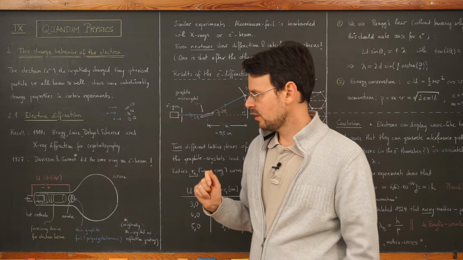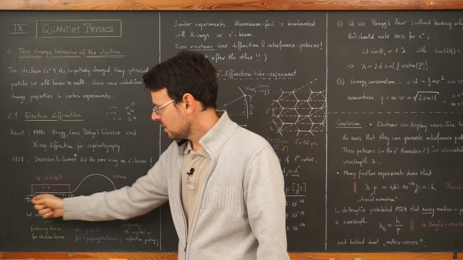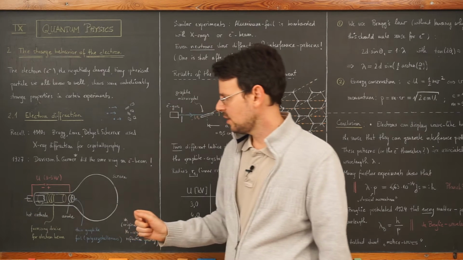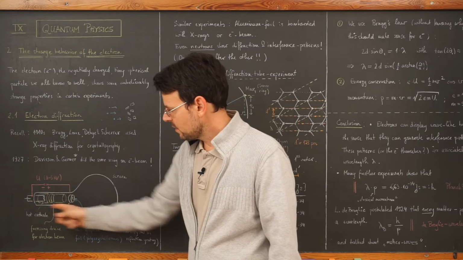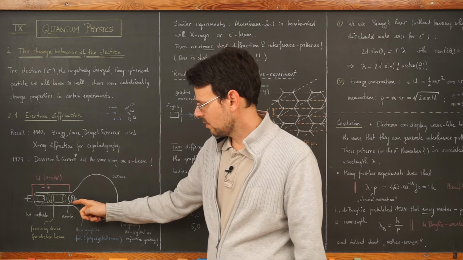Okay, but before we take a look at the actual experiment, here is the voltage that accelerates the electrons that come out of this hot cathode that is being heated by a small voltage. This yellow stuff is simply to focus the electron beam. We are not going to talk about that much.